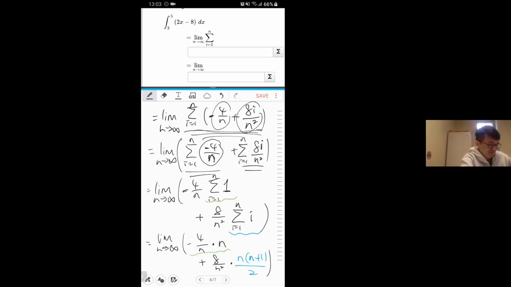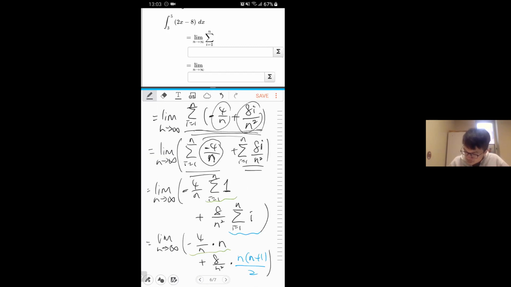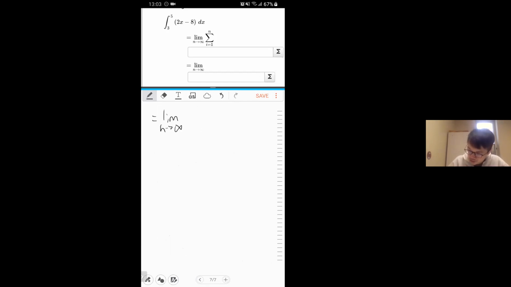Questions? Okay, let's simplify this. Before I take the limit as n goes to infinity, let's simplify. So -4/n times n, the two n's cancel out, so the first term is just -4.